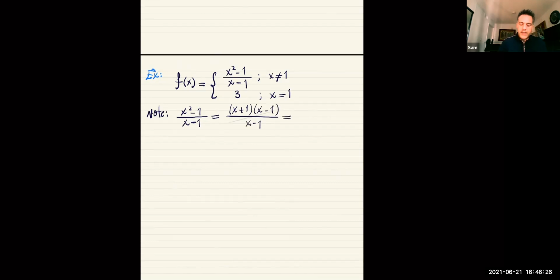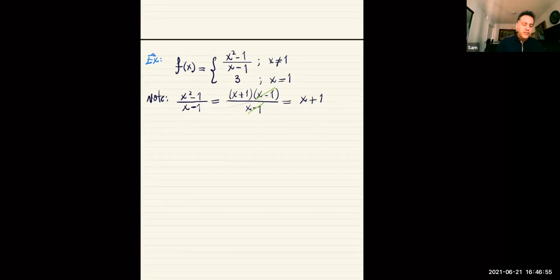Here we can cancel those x minus 1 to reduce that piece to x plus 1 only. This rational function, a division of two polynomials, reduces into a polynomial.